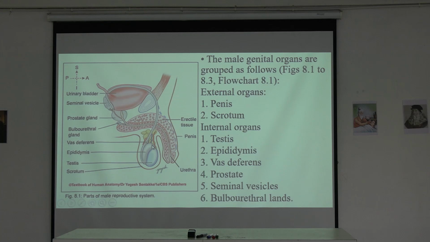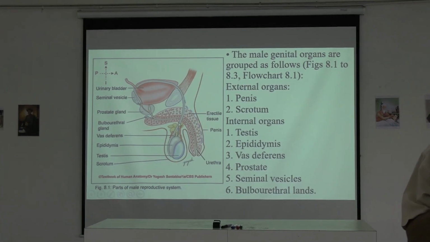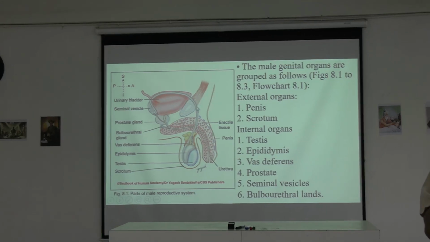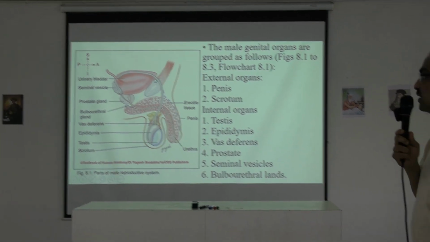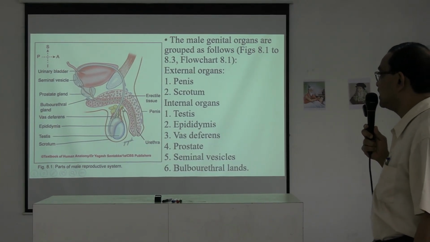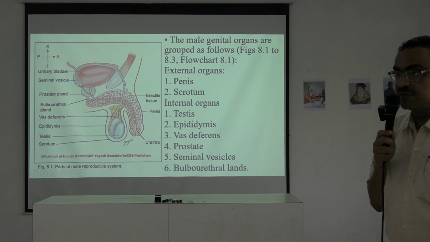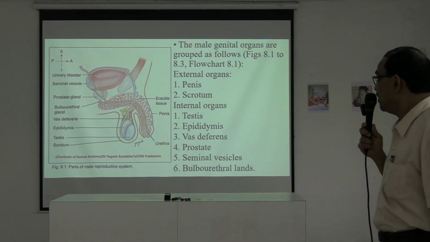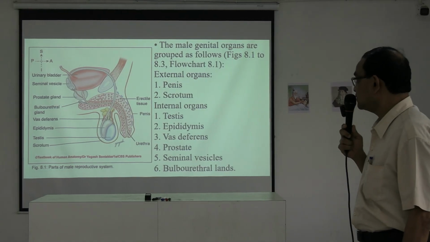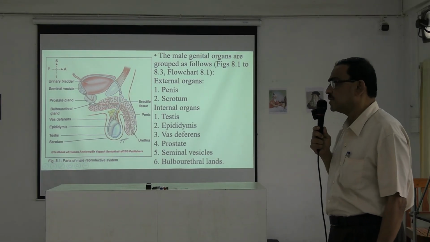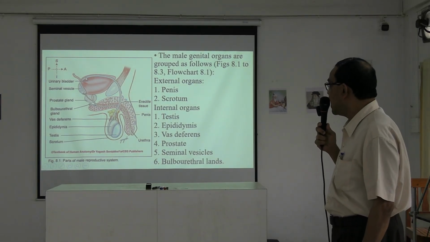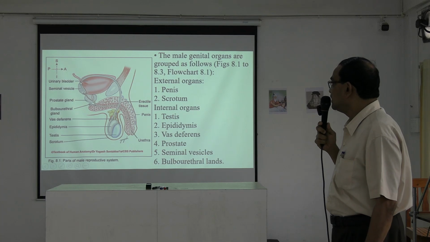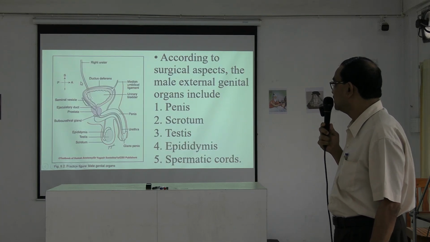It enters through the superficial inguinal ring, and then it traverses the deep ring along with other structures of the spermatic cord, and you can see it traverses the abdomen, it traverses the pelvis, and ultimately it hooks medially.